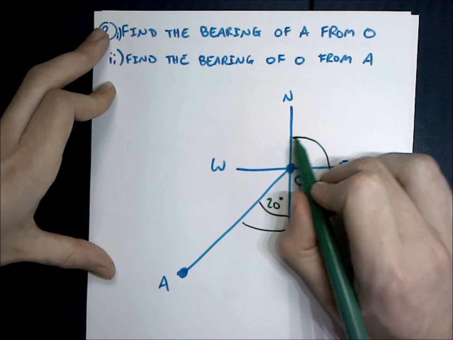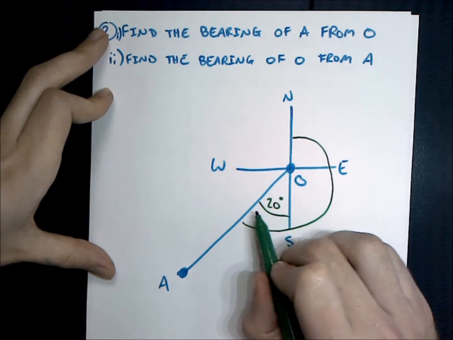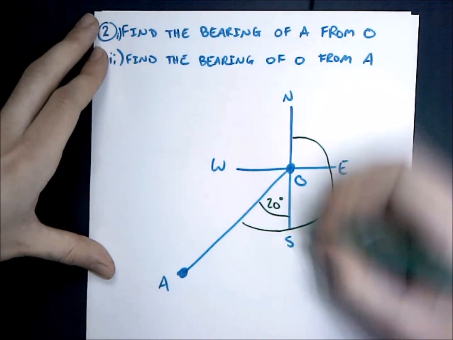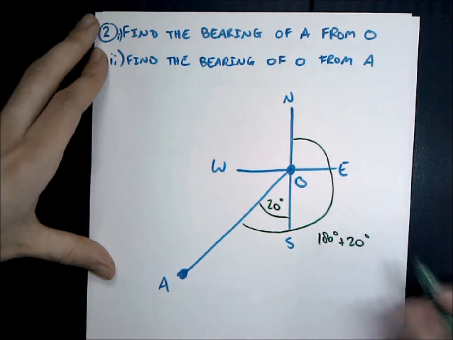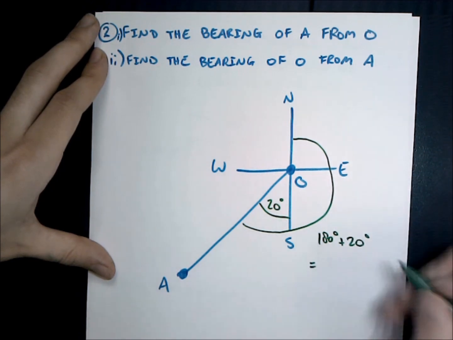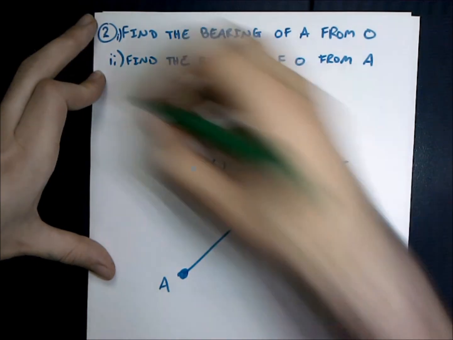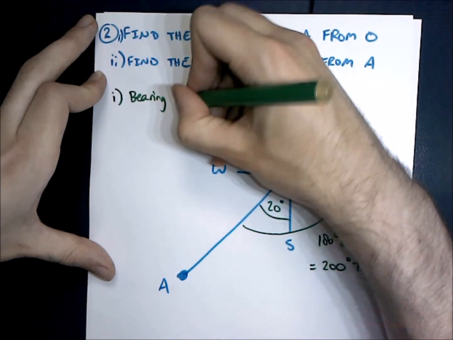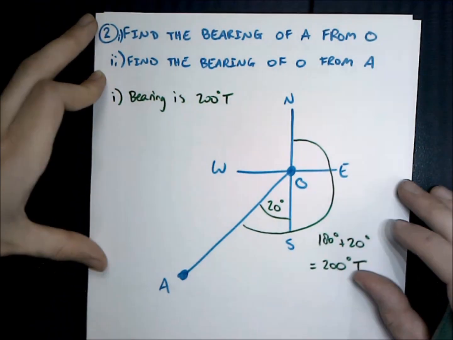It's 180 degrees from here to here, and then we've got an additional 20 degrees. So the bearing is going to be 180 degrees plus 20 degrees, which is equal to 200 degrees true north. So the answer for the bearing is 200 degrees true north.